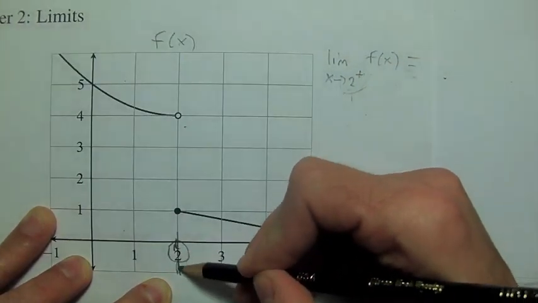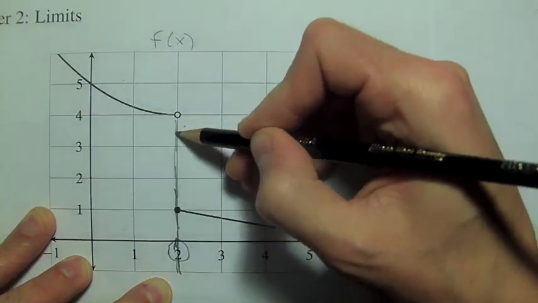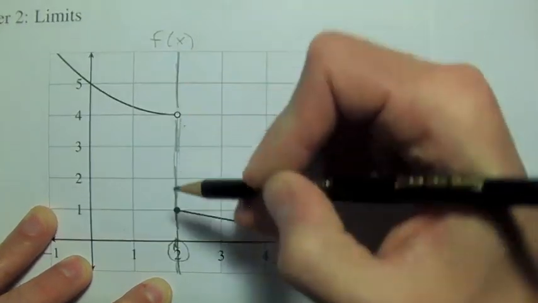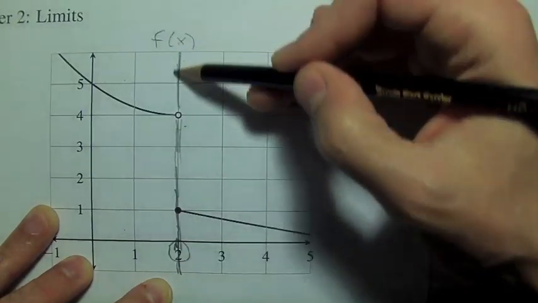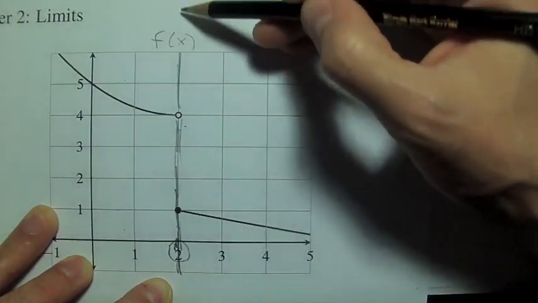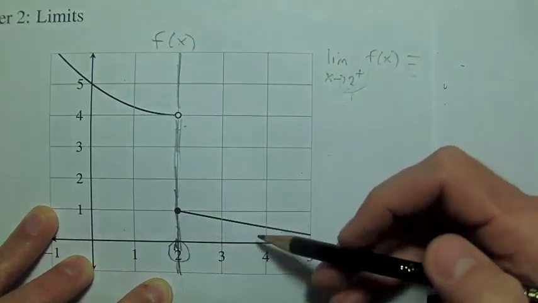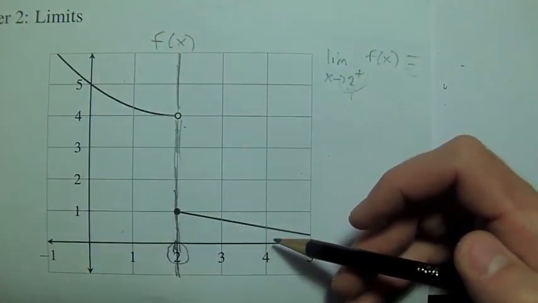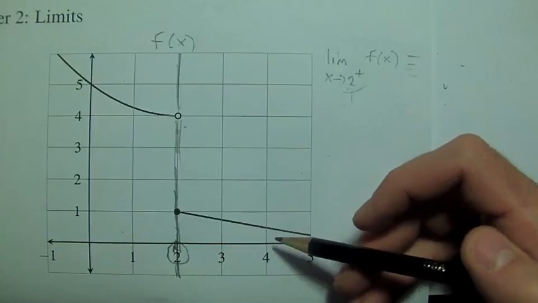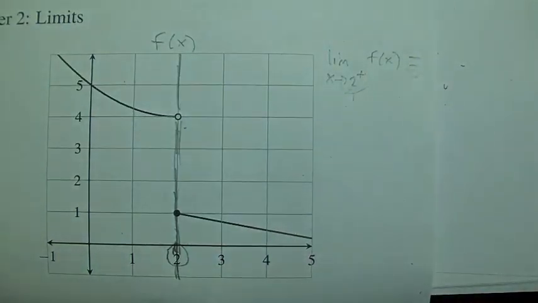So what I like to do when I first learn this stuff: the x value is right here. We're looking at different y values, and we're concerned with what is happening as x gets closer and closer to 2 from the right. So I don't care about the left side.